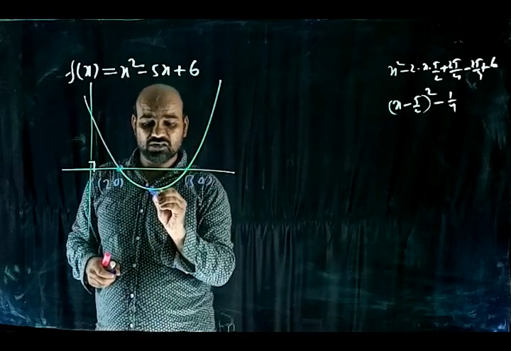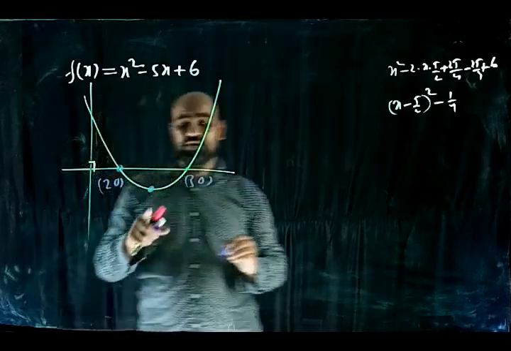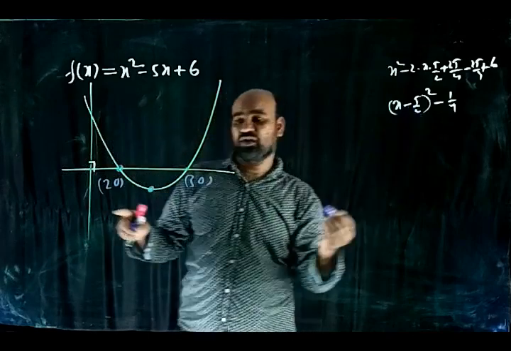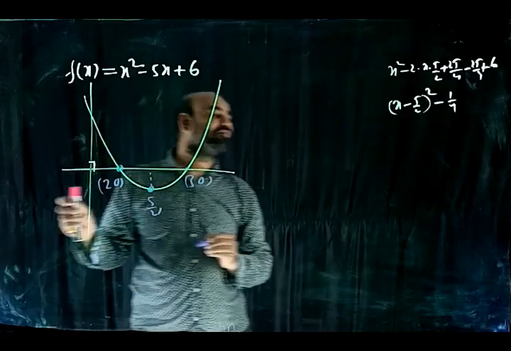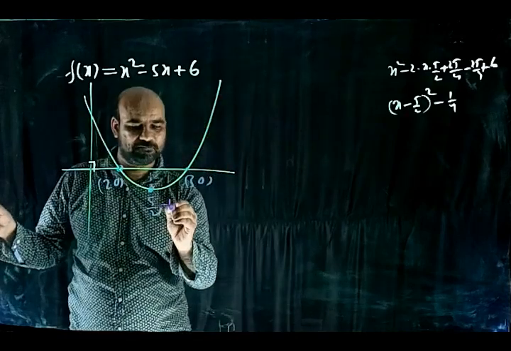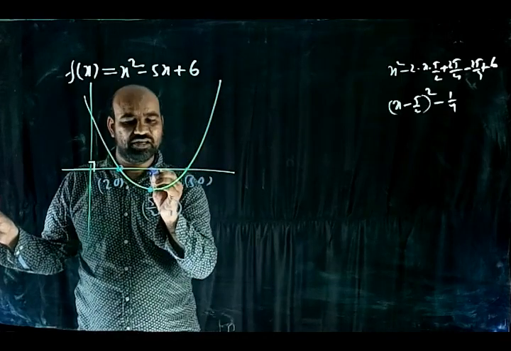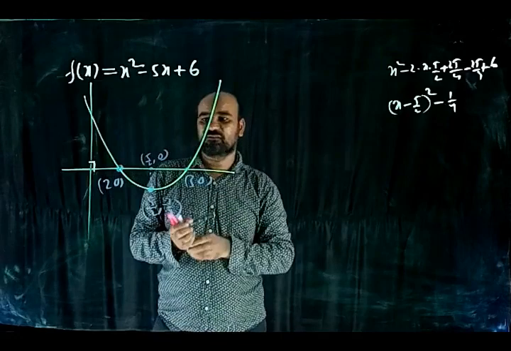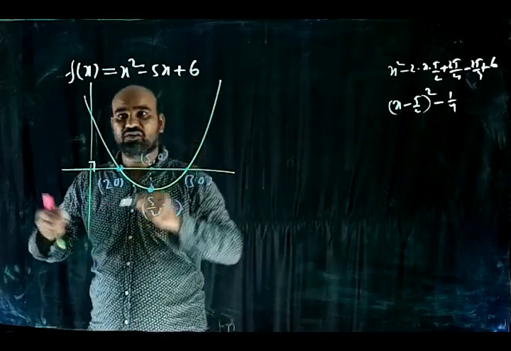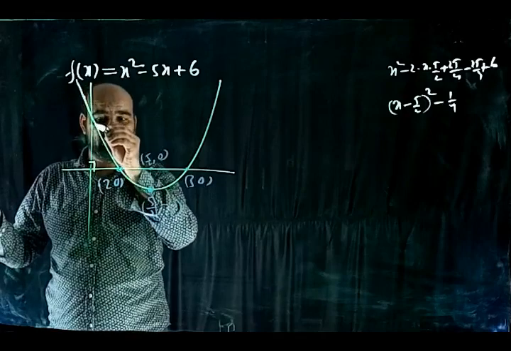So this is called the vertex of the parabola, the turning point. So this point is 5 by 2, comma, minus 1 by 4. Automatically this point is 5 by 2, comma, 0. Observe here. This is the graph of x square minus 5x plus 6.